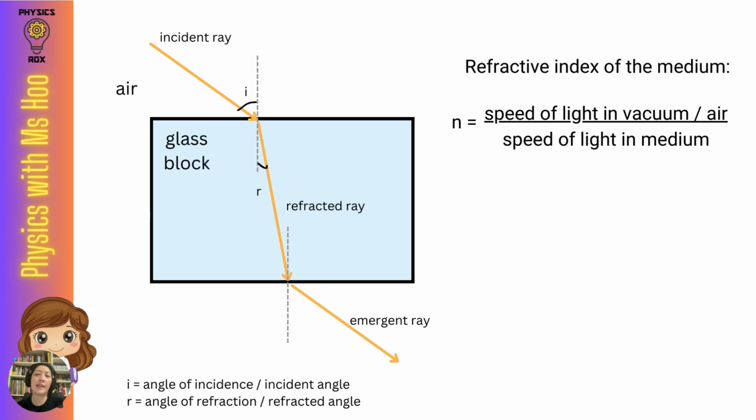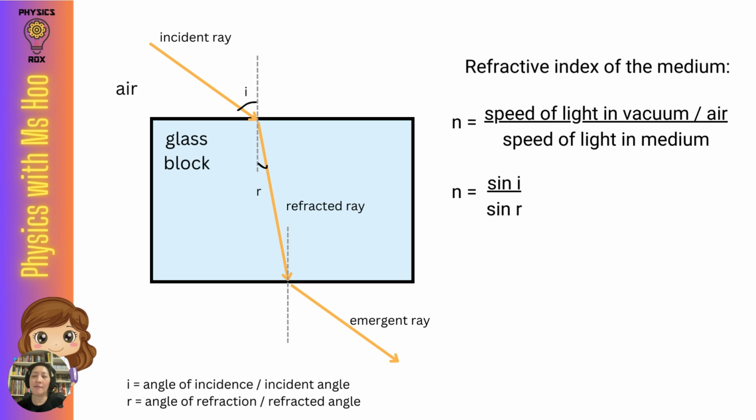Not only is the ratio of the speed of light equal, we'll find that the angles also have a ratio, but it's not just I against R. The physicists who have done all their research on light and refraction found that the ratio is actually based on the values of the sine of the angle.